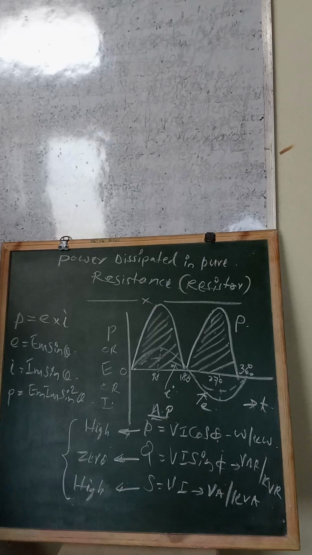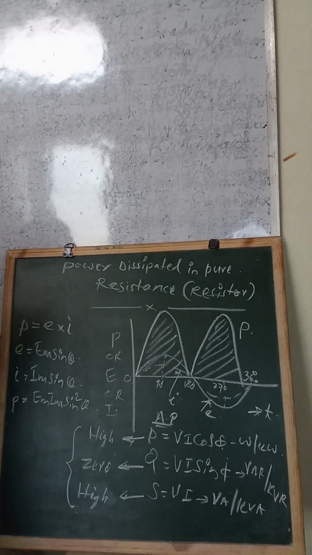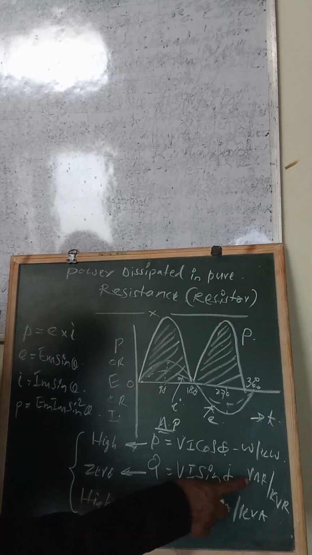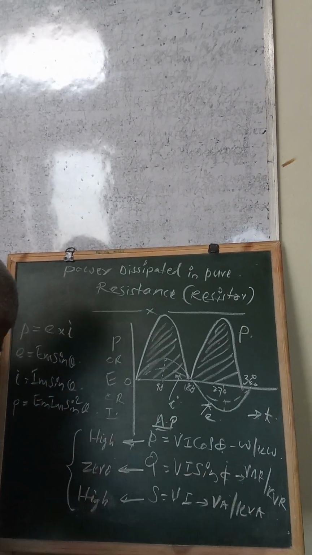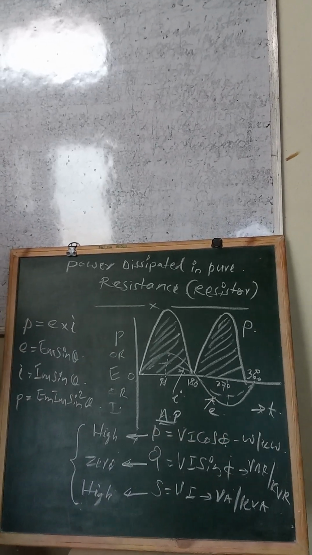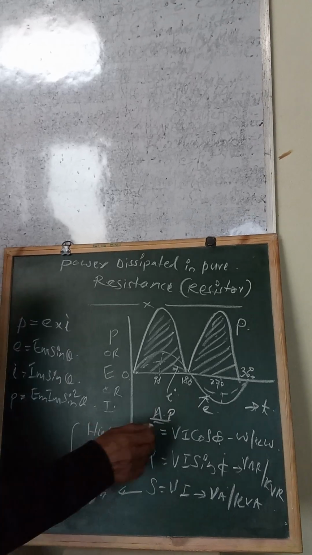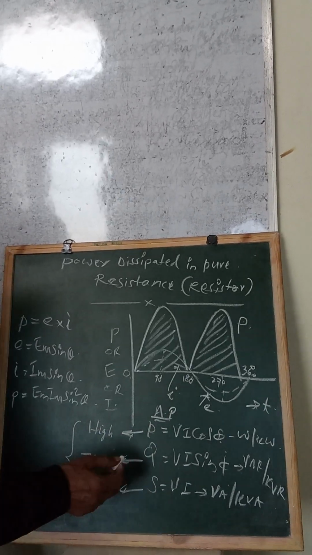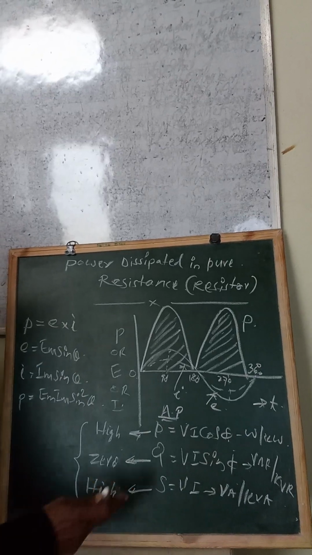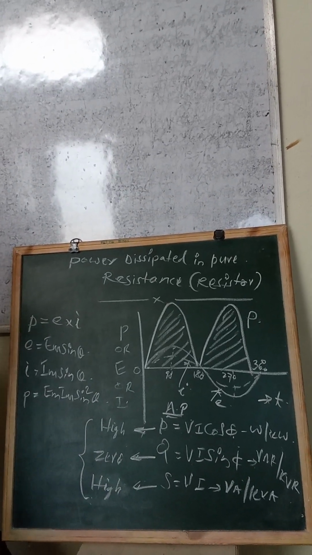And the power developed in the resistance, that is Vi sin phi, is the reactive power, which is measured in volt ampere or kilovolt ampere, whereas the active power is measured in watts or kilowatts. Active power, or real power, or true power, and this is the wattless power or reactive power. S is called the apparent power or the total power.